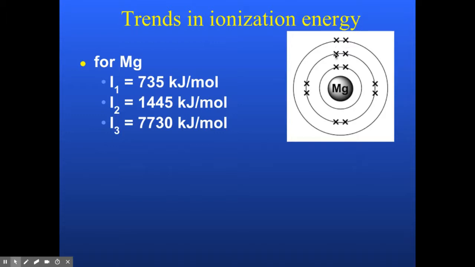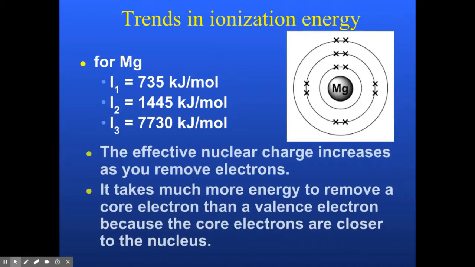But for I3, we're removing an electron that is much closer to the nucleus and experiences less shielding. That would explain why there is a big jump in ionization energy, because we're removing a core electron. So the effective nuclear charge increases as you remove electrons, because you still have the same number of protons.